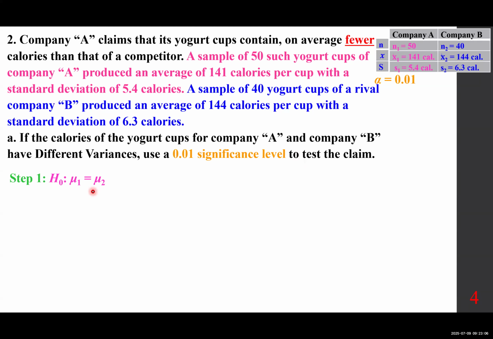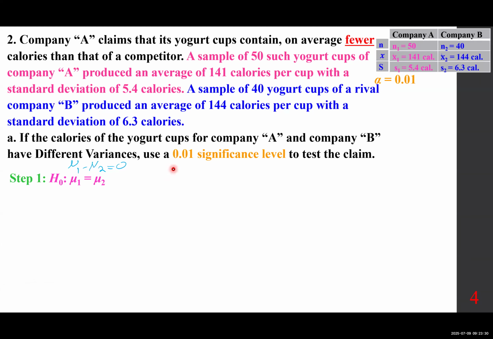There are two ways to write this. You can write mu1 equals mu2, or you can write mu1 minus mu2 equals 0. It depends on how they want you to write it. Both mean the same thing, but be consistent when you do the writing.